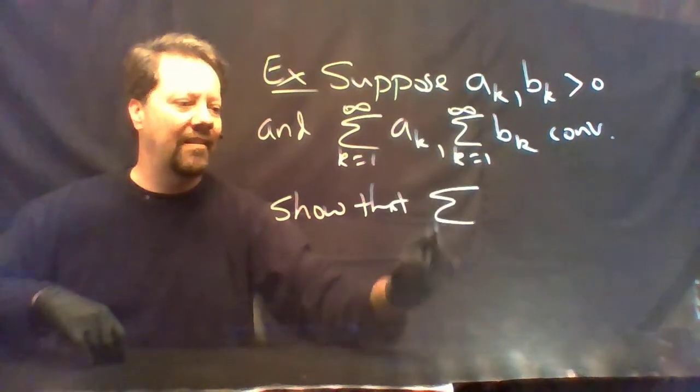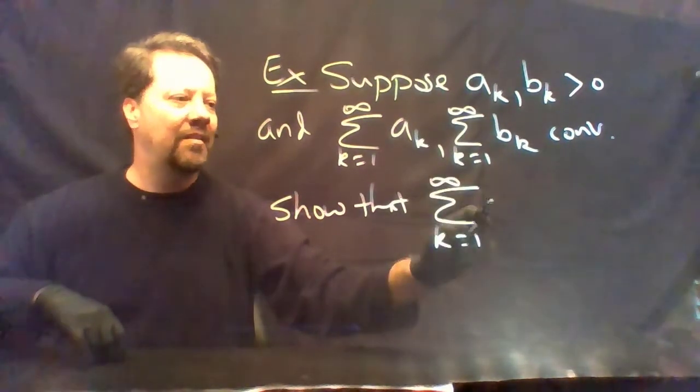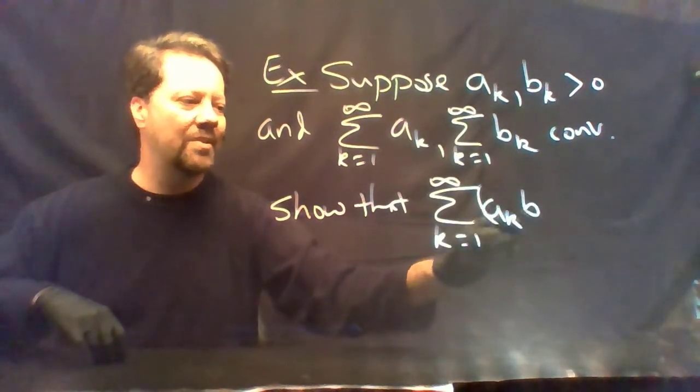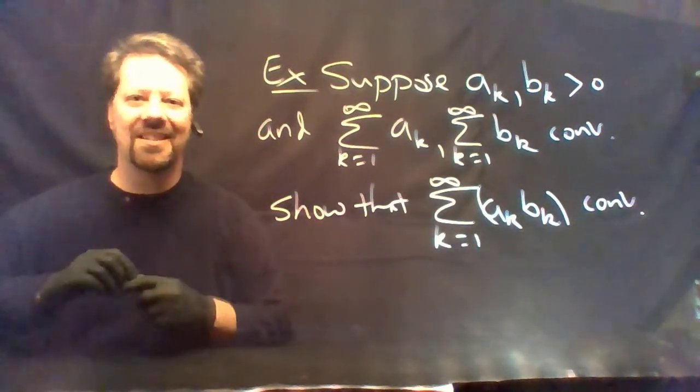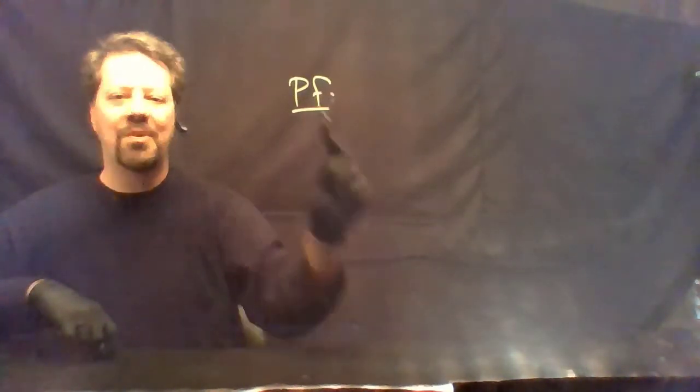Show that the series that you get by multiplying these terms, the sum of a sub k times b sub k, also converges. The proof goes like this.